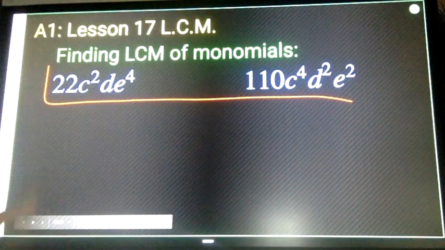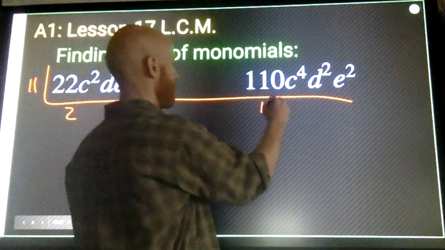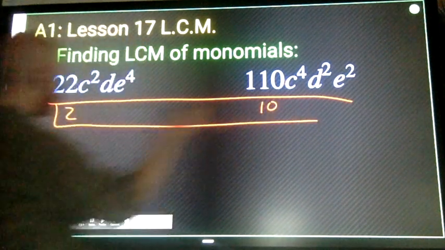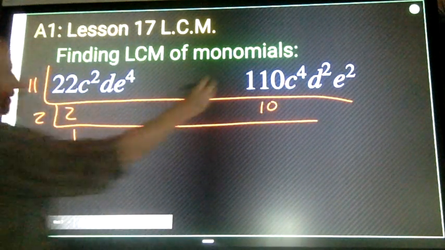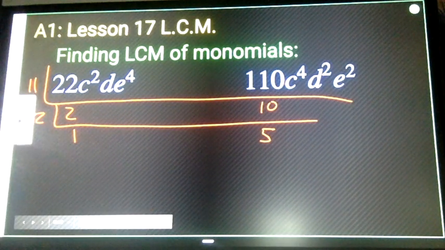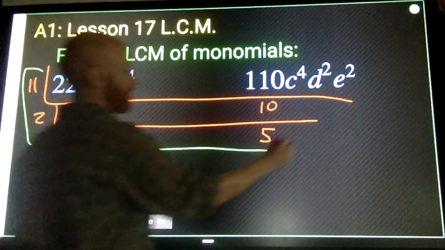11 divides both of these numbers 2 times, 10 times. 2 divides both of those numbers 1 time, 5 times. All right. Multiply my terms together.